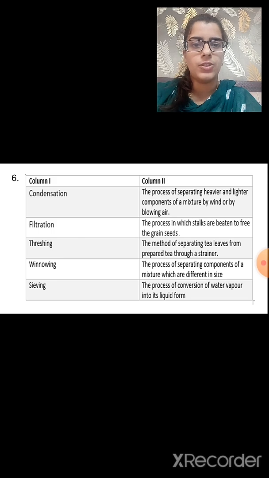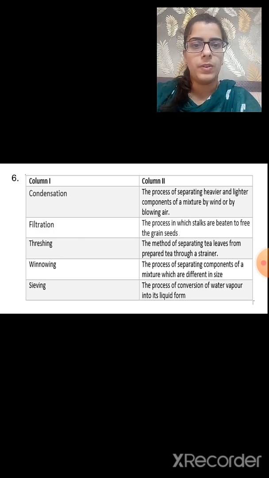The filtration method is used for separating tea leaves from the prepared tea through a strainer. Next is threshing. So what is the correct answer for threshing? The process in which stalks are beaten to free the grain seeds.